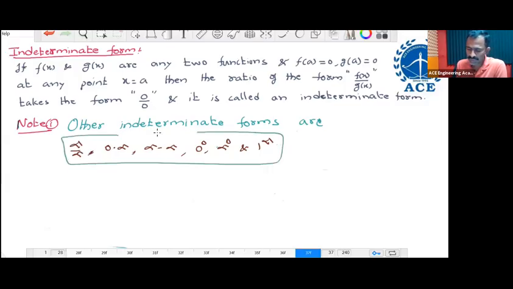These are the other forms of indeterminate forms. All these will be reduced to 0 by 0 form. Right? Later when we do the problems, you will know how to reduce these to 0 by 0 only.